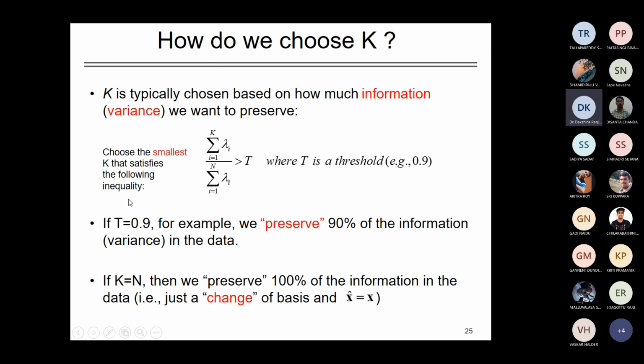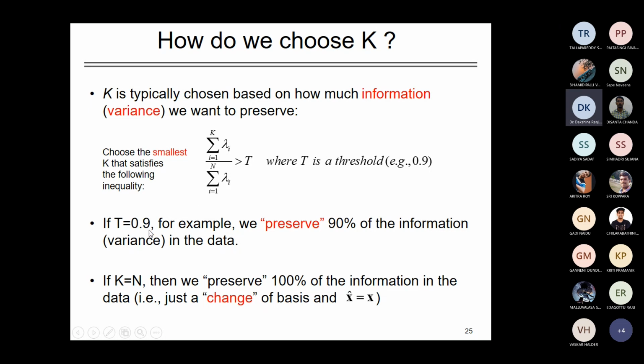Here, if you set the threshold value to 0.9, what does this mean? This means that we can preserve 90% of the information in the data, because here we are getting the ratio between the summation of lambda i for k number of features and the summation of lambda i for n number of features.